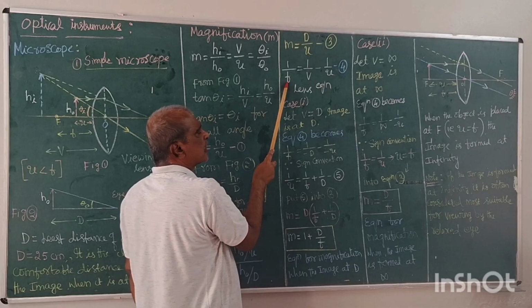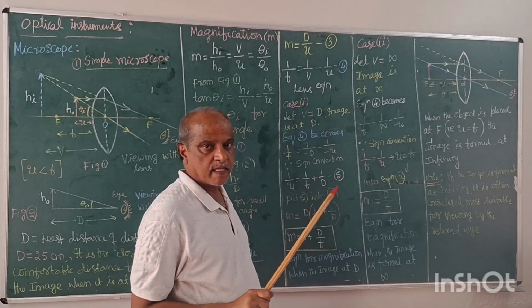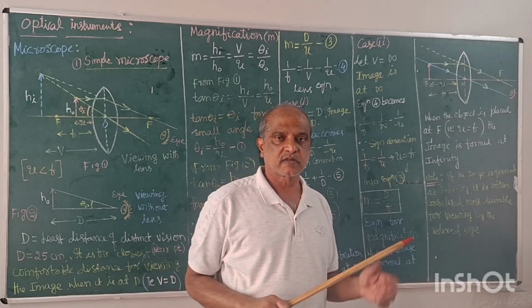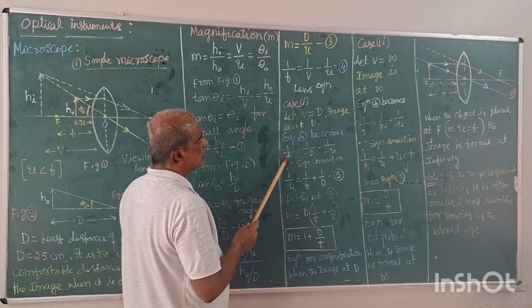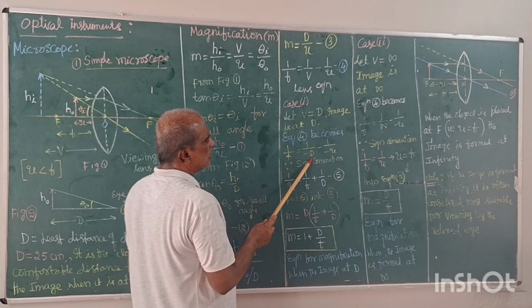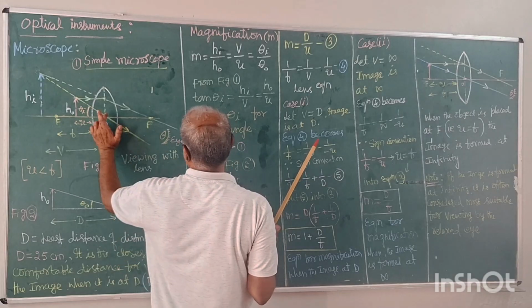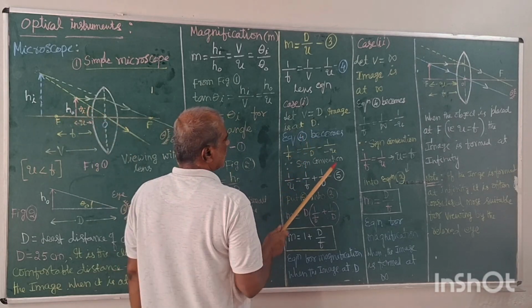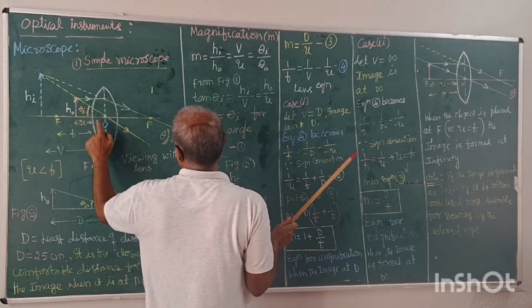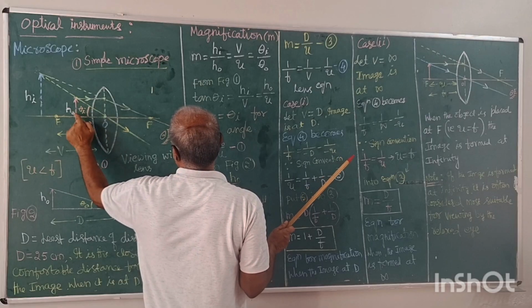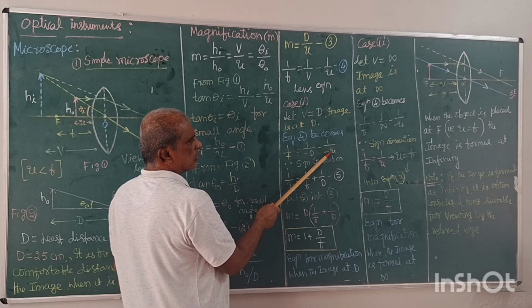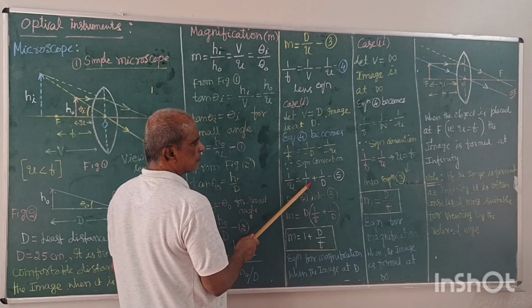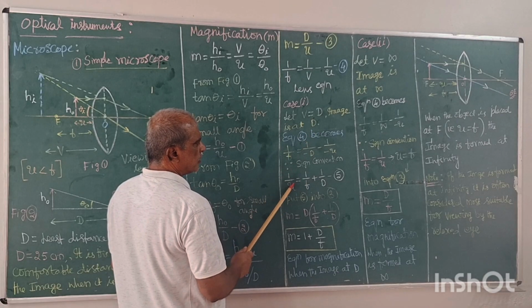But here f is always positive for a convex lens. Remember, f is always positive for a convex lens. So f is positive. And v equals d, it is minus, in the direction opposite to the light. And u is minus in the direction opposite to the light direction. And simplify, you get this. It is 1 by u equals this.